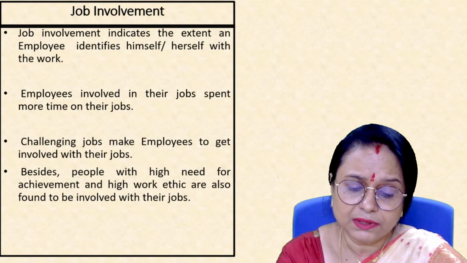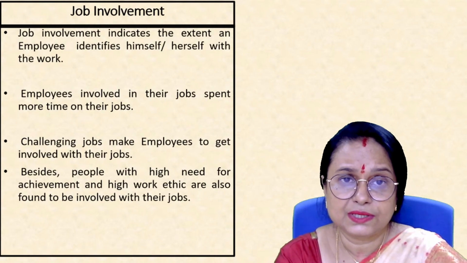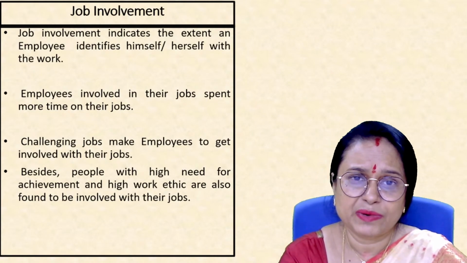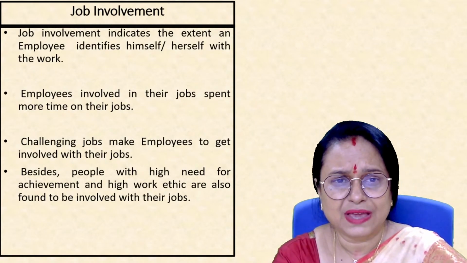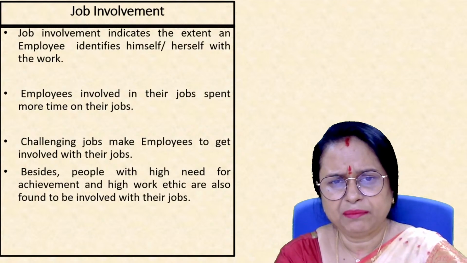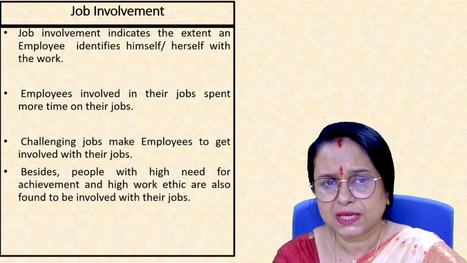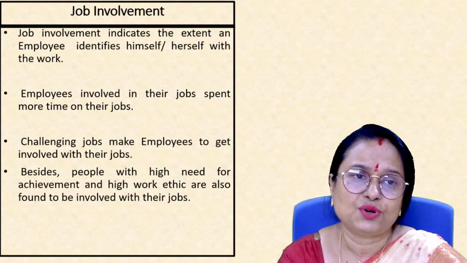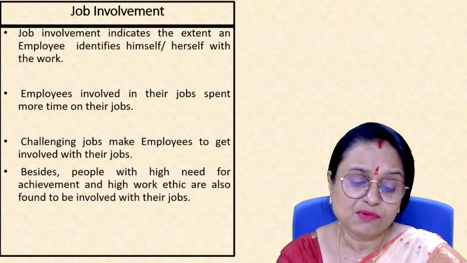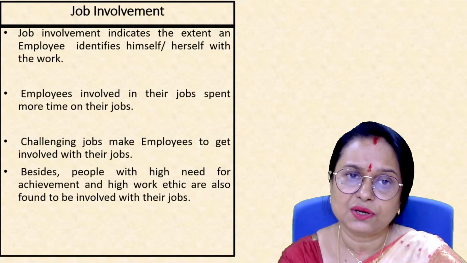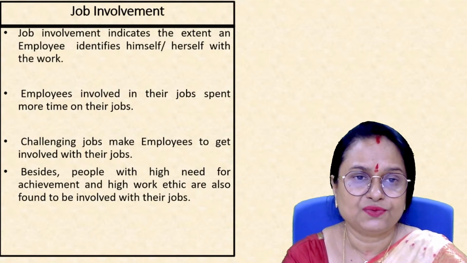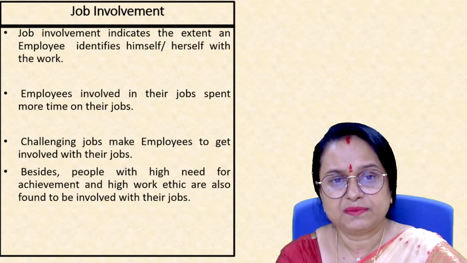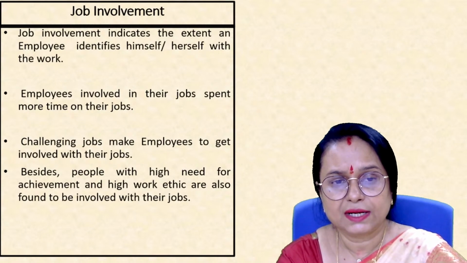So out of the 8 or 10 hours he is inside the office, he gives most of his time maybe to his mobile phone, or talks to his family and friends, or maybe gossips around in the office, and he's not involved in his job. That is job involvement. The more one person is involved in the job, the more time he spends doing that job. So challenging jobs make employees get involved with their jobs.